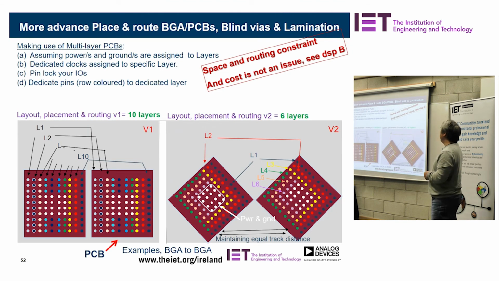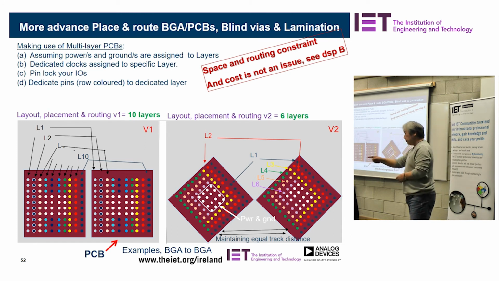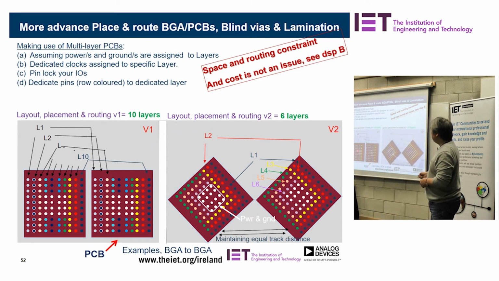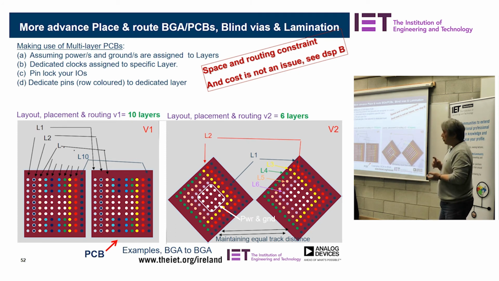Okay. So here's more advanced. So this is what the other technique is doing here. So this is more advanced now. So if you type for space, if there are 2 FPGAs and you need to connect them up, there are a couple of ways you can do it, depending on how efficient you want to be, how much you spend on it, and what you can get away with.